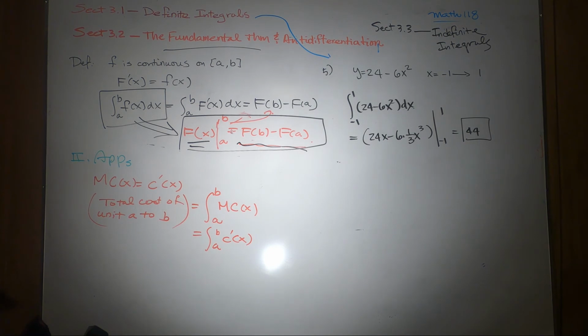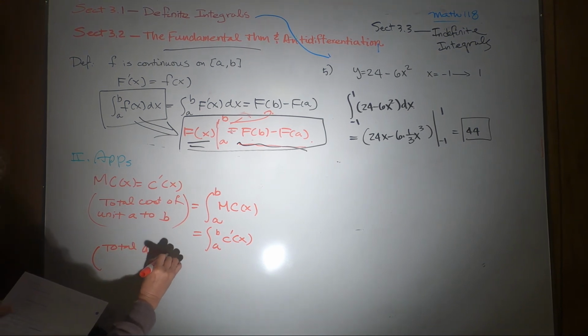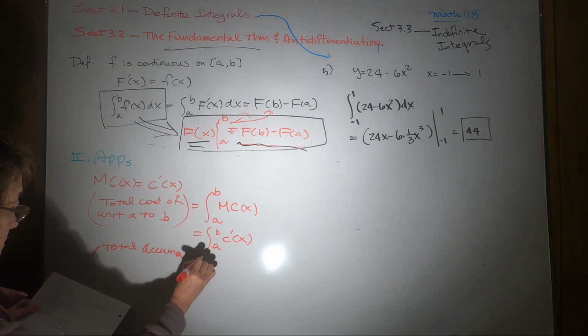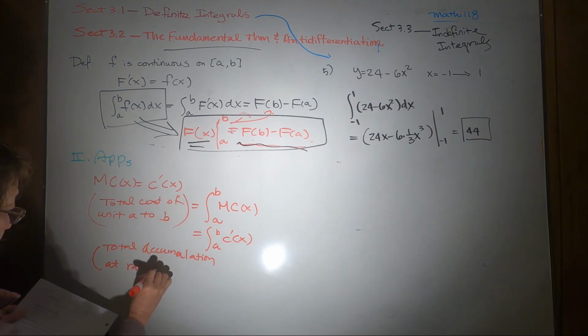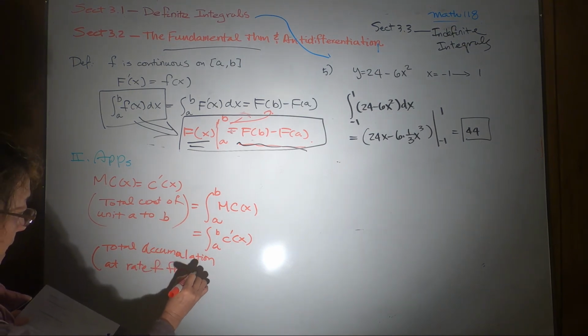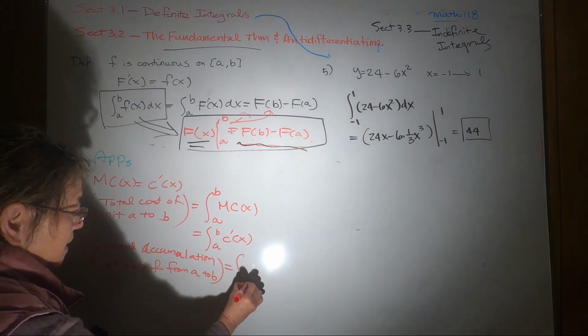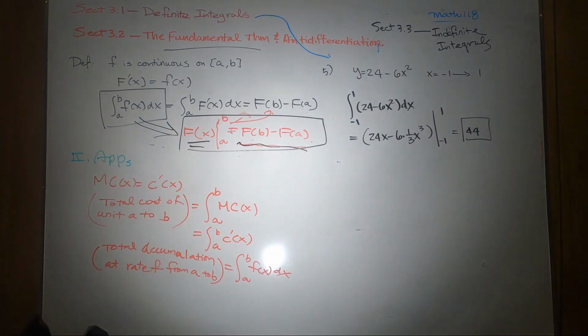So another thing is total accumulation of a given rate. You have total accumulation at the rate f from A to B. That would be the same thing, A to B, you take the antiderivative of f(x), right?